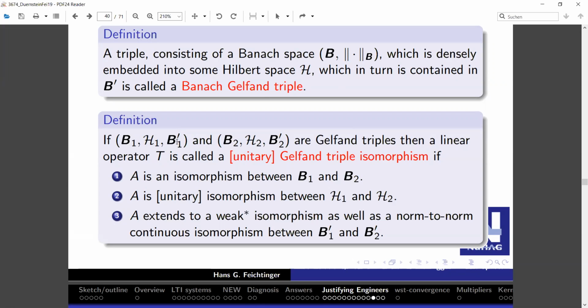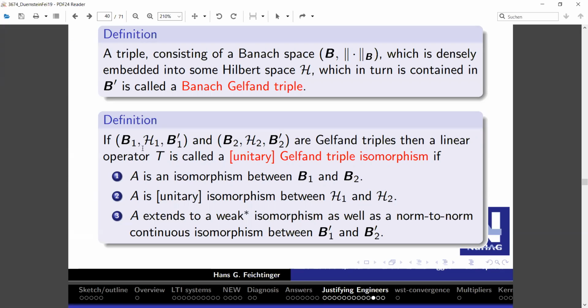But people in partial differential equations may know about Sobolev spaces. Sobolev spaces are more or less inverse Fourier transforms of weighted L2 spaces. So you would say, if you give me a Sobolev space, it's inside L2, and the dual space is a bigger space. So actually, the standard setting for differential equations, if you have a Laplace operator, you would say, I start with a Sobolev space of order +1, the dual space is the Sobolev space of order -1, and in between you have the Hilbert space L2.